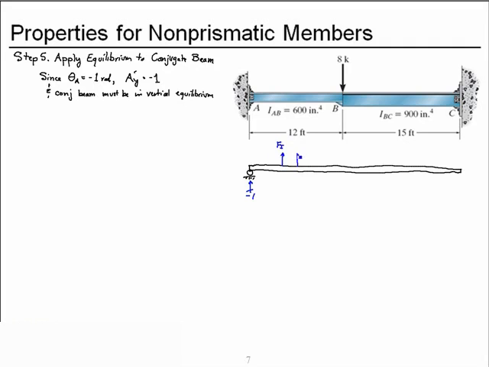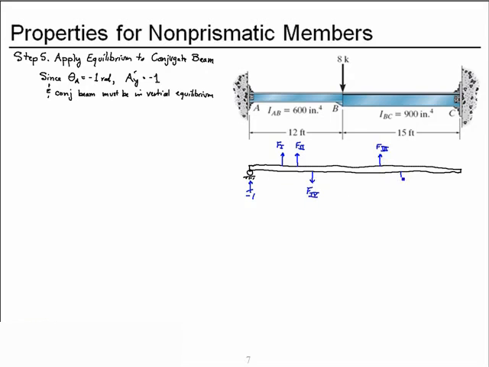Halfway across it was force 2. 1/3 of the way across BC was force 3, all of those acting up. 2/3 across A to B acting down is force 4.